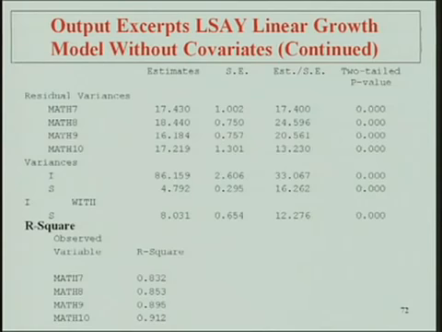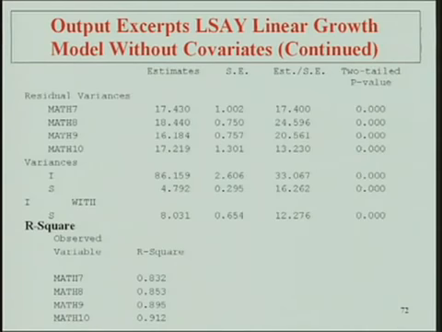Likewise, S has a significant variation. Namely, the growth rate varies quite a bit across people as well. So the fact that you have variation in these two means that you have some variation that you can try to explain by time-invariant covariates.